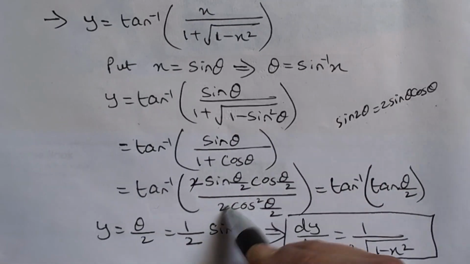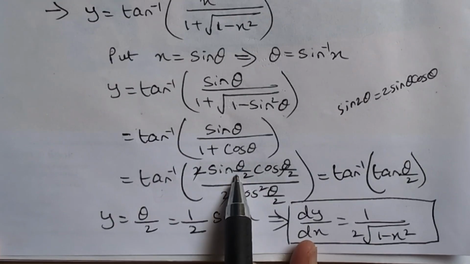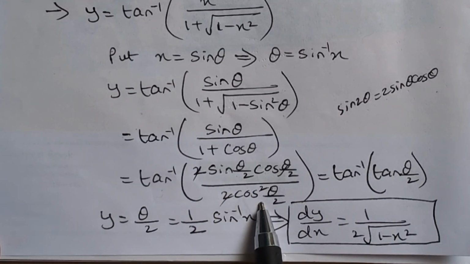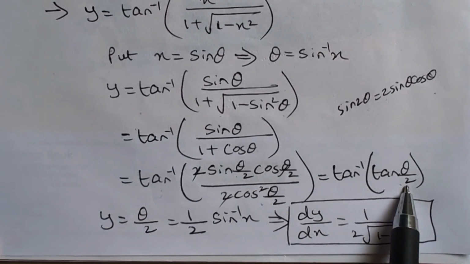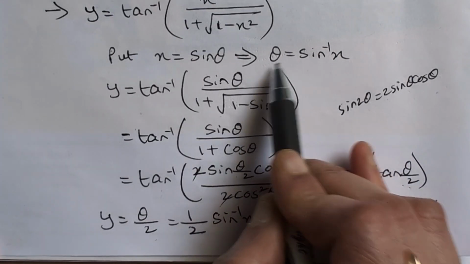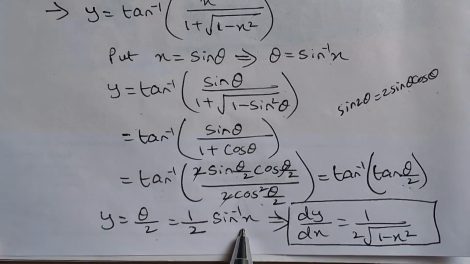Now 2 cancels and one cos theta by 2 gets cancelled, so we have tan inverse, the numerator is left with sin theta by 2 upon the denominator cos theta by 2. Sin theta by 2 upon cos theta by 2 is tan theta by 2. So y is tan inverse tan theta by 2, which is simply theta by 2. Now what is theta? Theta is sin inverse x, so y becomes half sin inverse x.